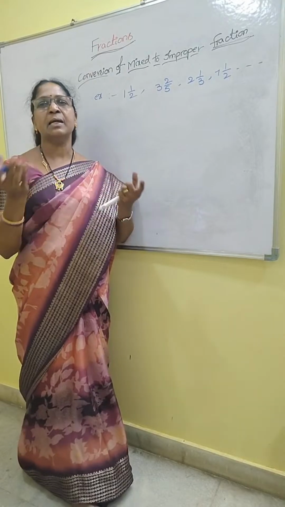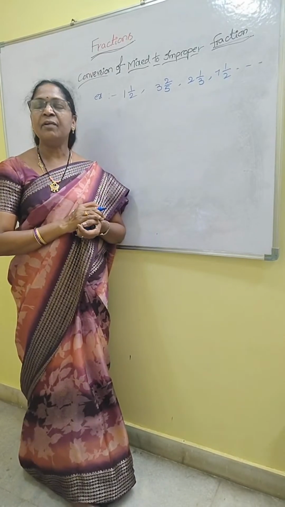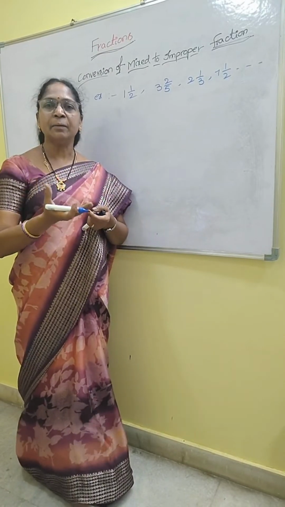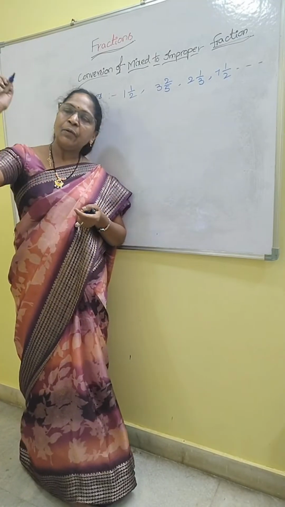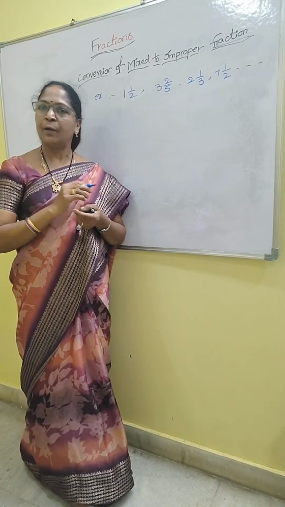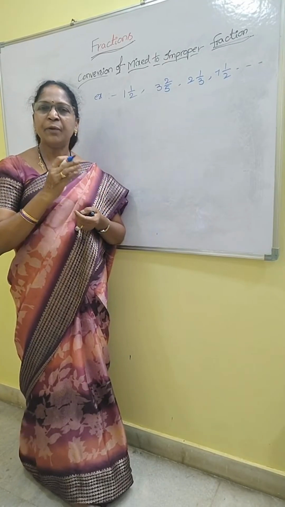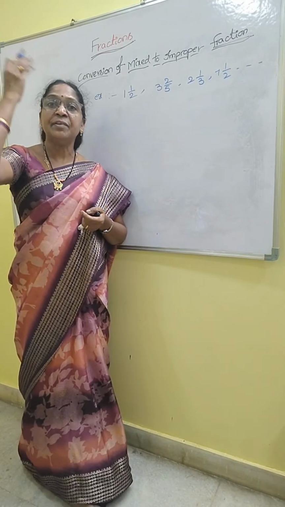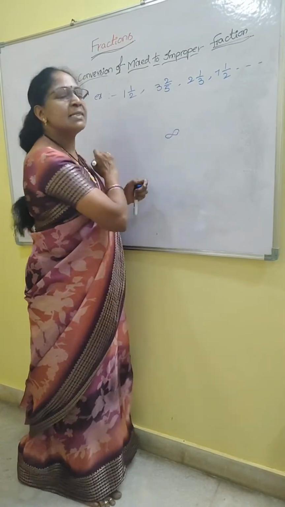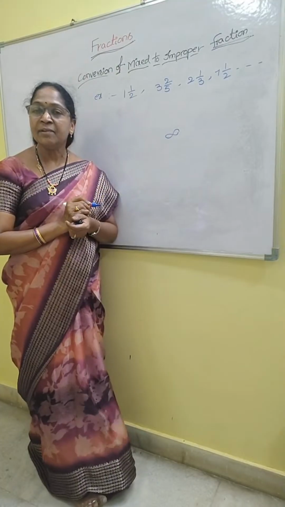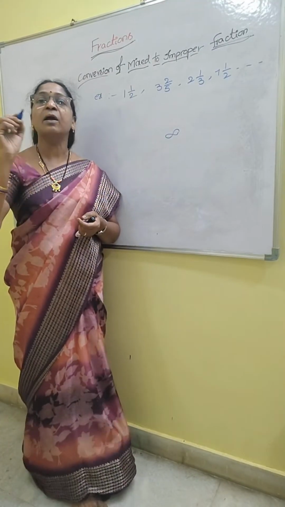And so on means infinity, ananta. We cannot count, countless. Can you count the stars? No. Why? Because we cannot count. That is infinity numbers. Infinity is represented by this symbol. Infinity is nothing but cannot count.